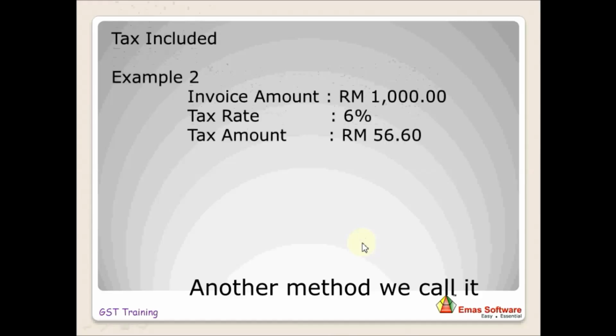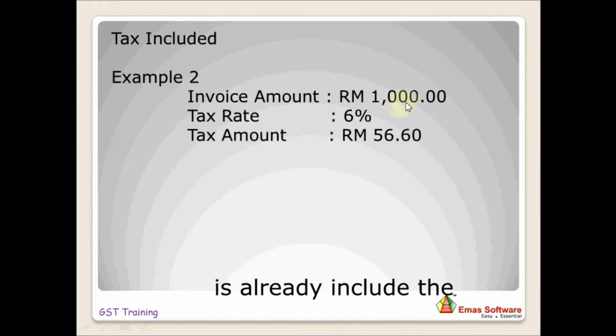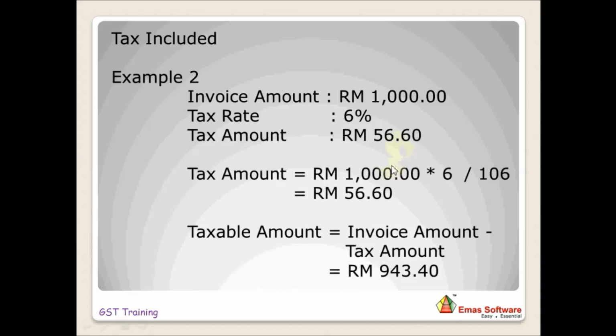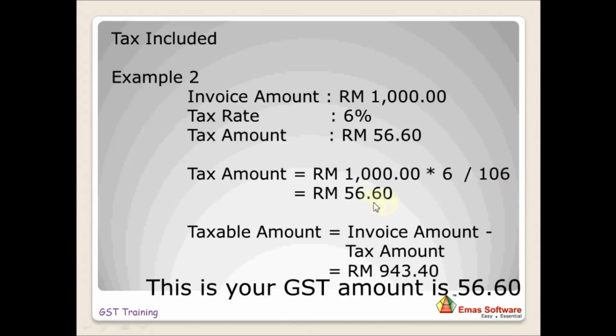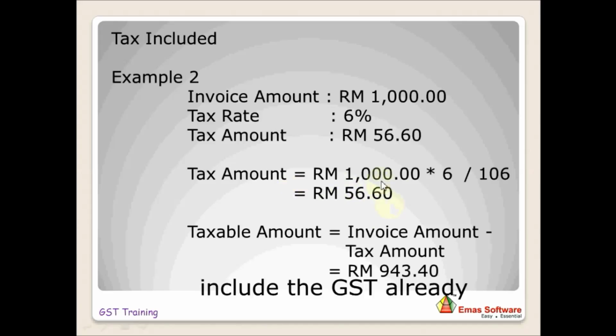Another method we call tax included. It means the 1,000 already includes the tax, the sales tax, the GST. So the tax rate is 6% and the tax amount is $56.60. How do I get this amount? 1,000 times 6 divided by 106. So you get 56.60. This GST amount is 56.60, not $60, because your 1,000 already includes the GST.